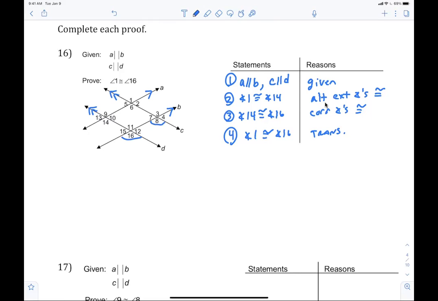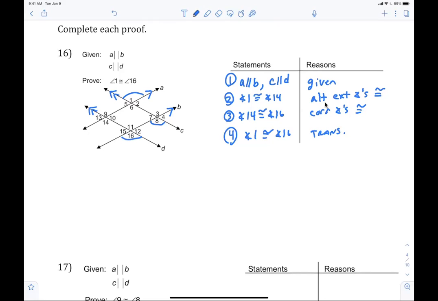And then I did angle 8 is congruent to angle 1. Yeah, that's perfect. I got you. Can you just say that angle 1 equals angle 16 because the lines are parallel, alternate exteriors are congruent? Okay, so I'm glad you said that, but no.